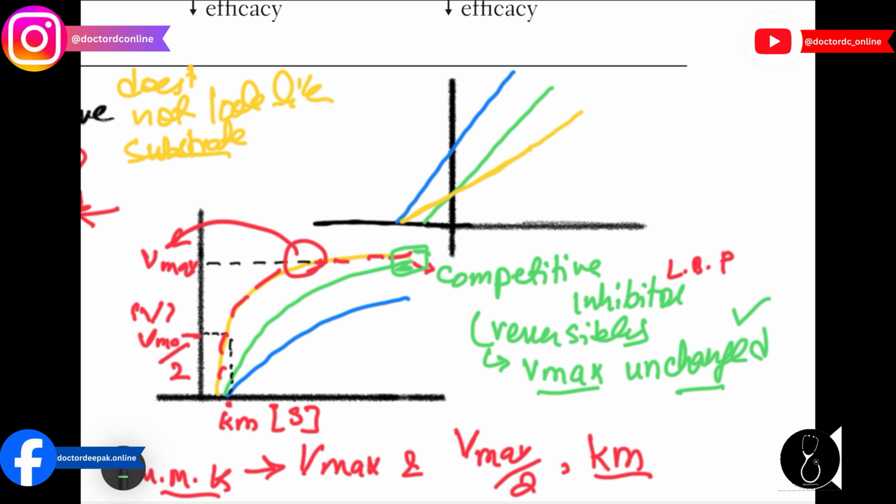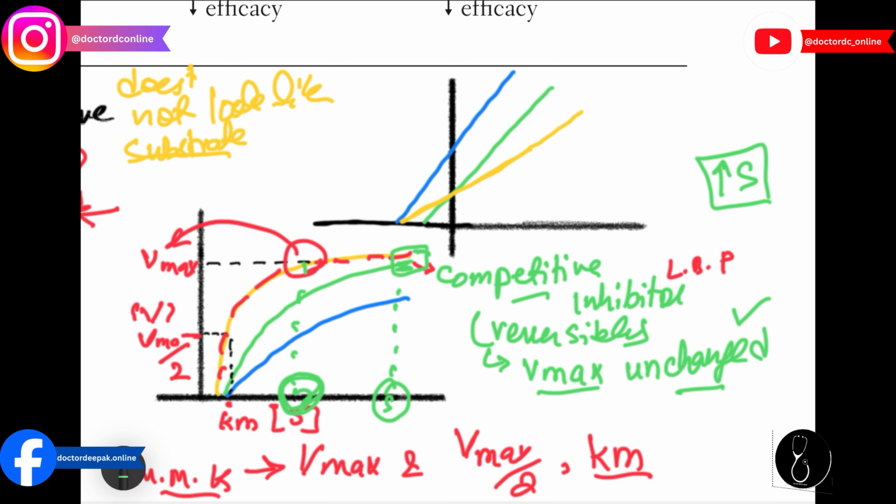And the second reason, from the concept of the competitive inhibitor, is that it can be knocked out by increasing the substrate.